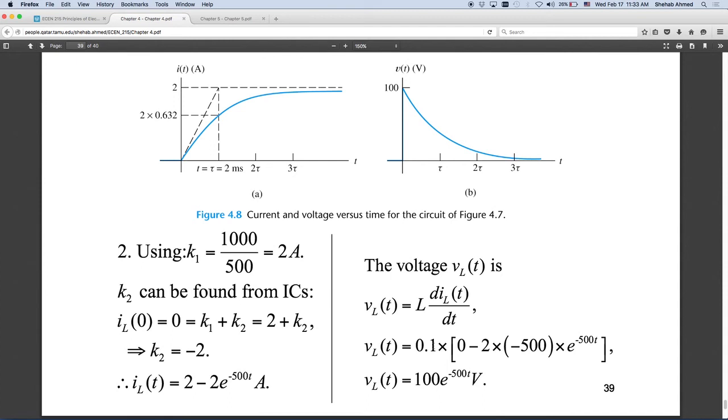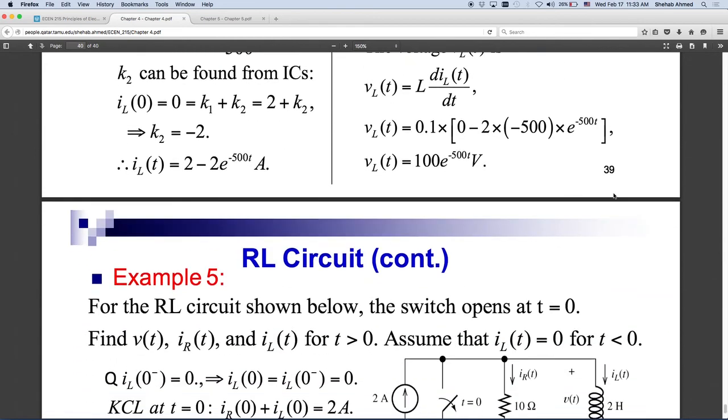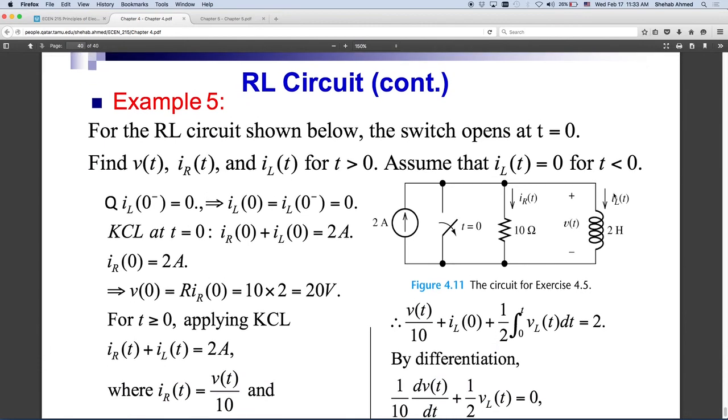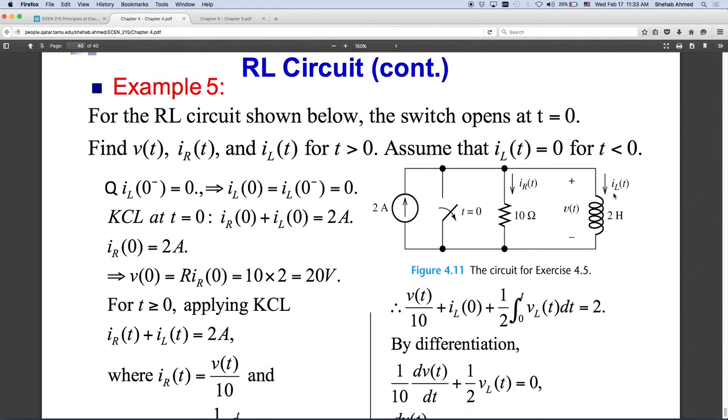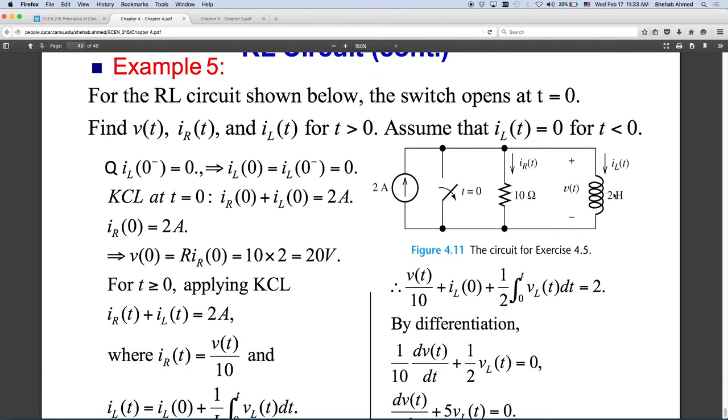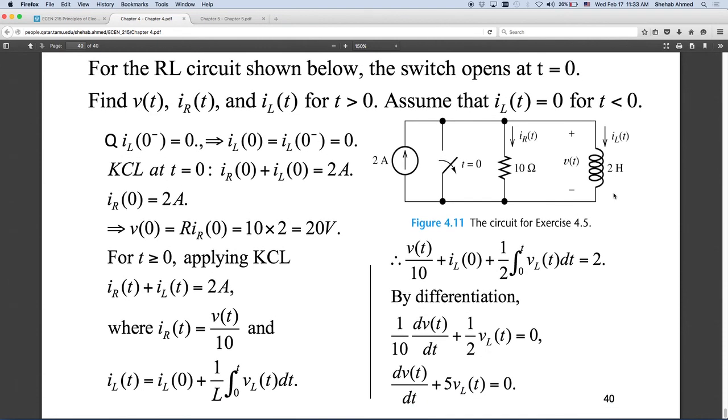Then you end up starting at 100, decaying to 0 at some time constant. How many? Depends on what you're asked. You're probably going to be asked what is the value of voltage or current after a certain number of time constants, similar to the example that we have here. This looks a little different, but it really isn't.